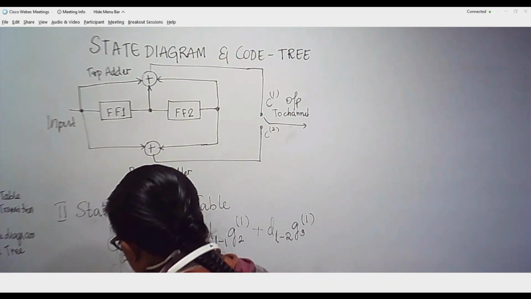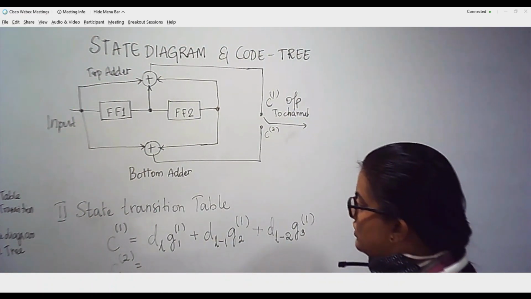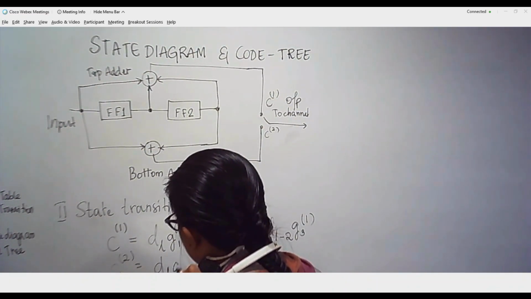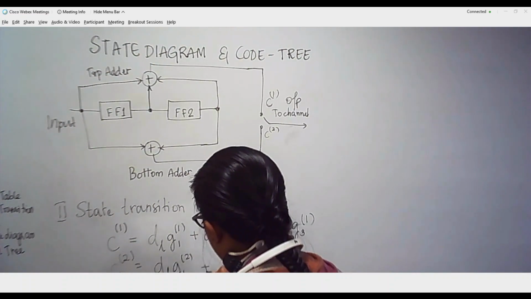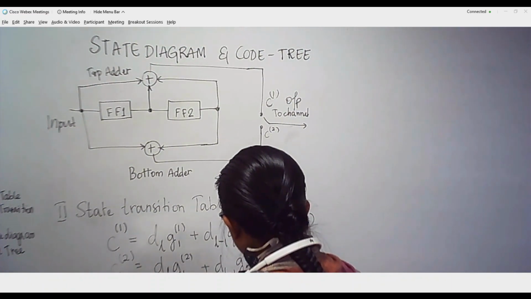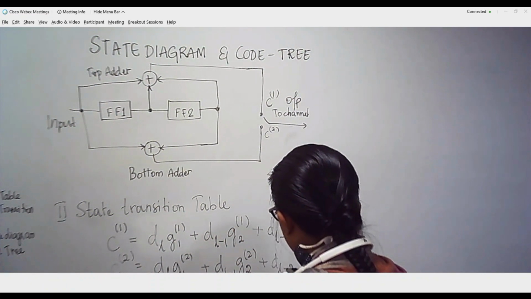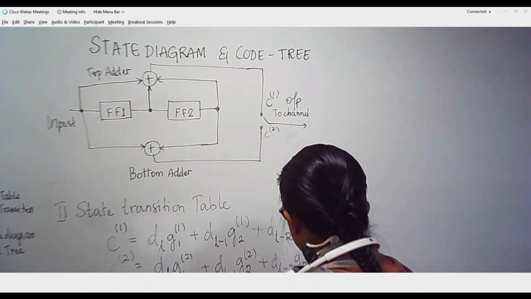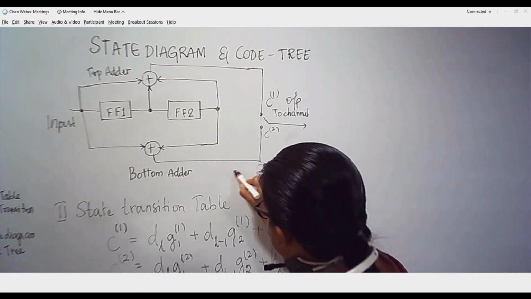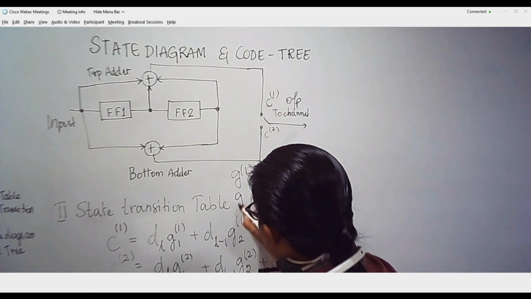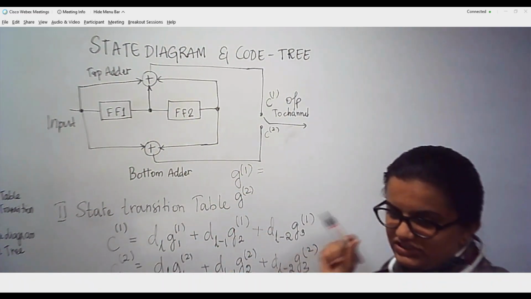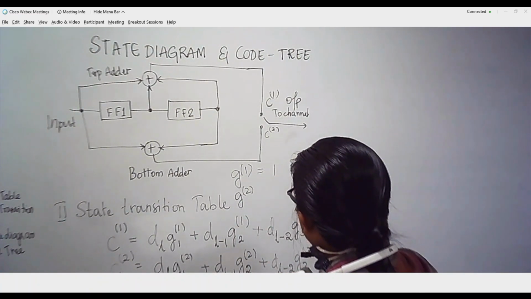Similarly, the code expression for the bottom adder would be D_L into G1 of 2 plus D_(L minus 1) into G2 of 2 plus D_(L minus 2) into G3 of 2. Let me write G1 here in vector form and G2 over here. For G1, all the node points are taken into consideration to add, so it is 1 1 1.